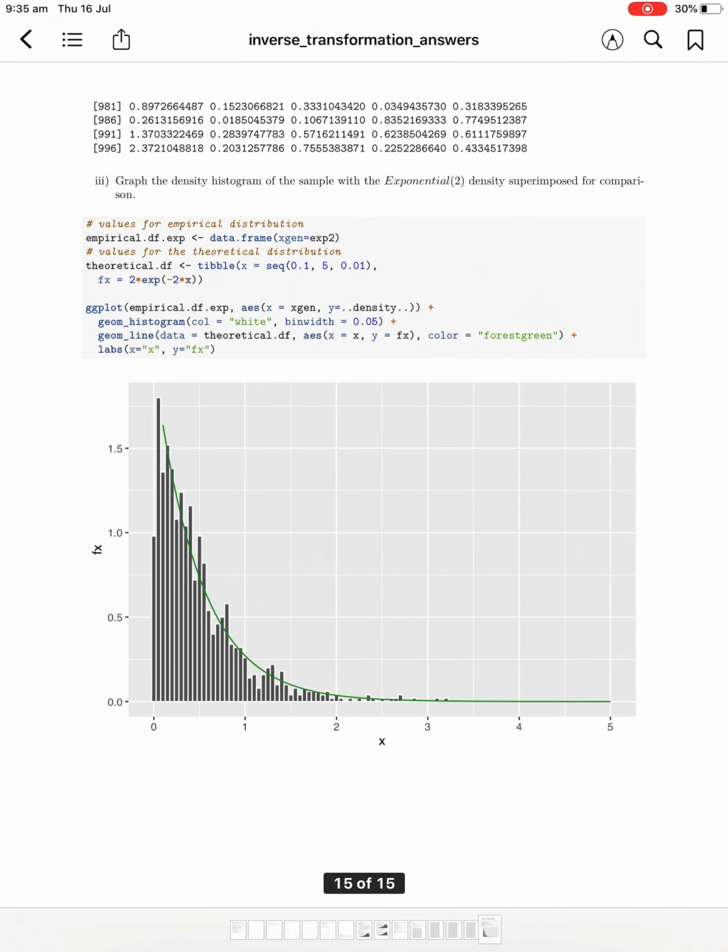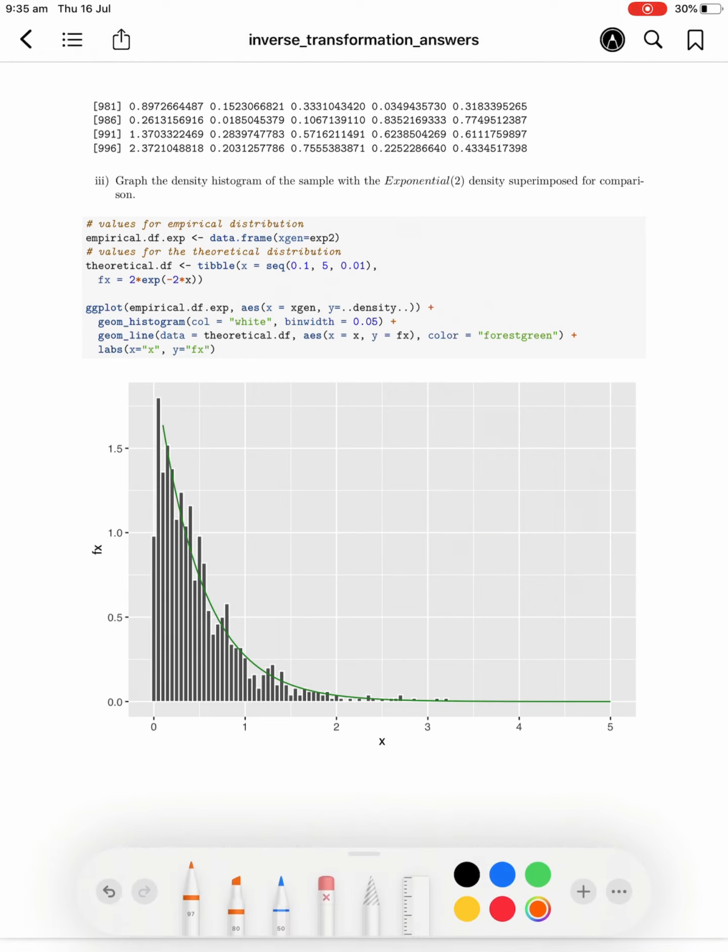Next, graph the density of the sample with the exponential 2 density superimposed for comparison. This is similar to what we did before. First, I stored the data under empirical df.exp. Then here I wrote code to plot the theoretical df.